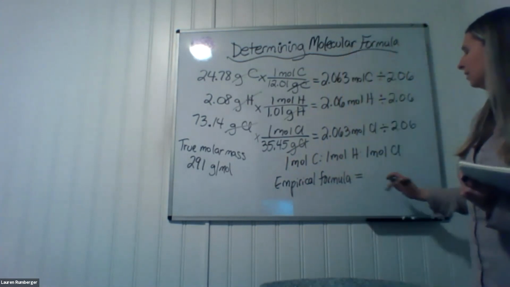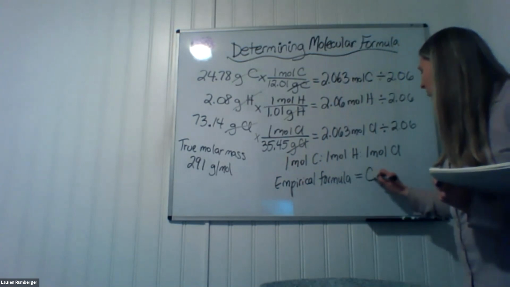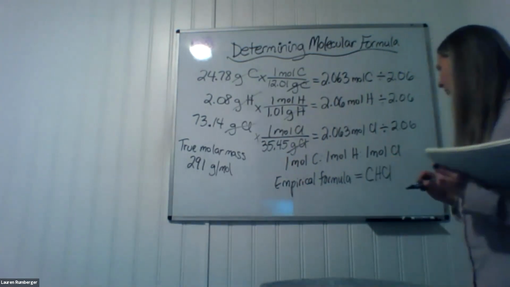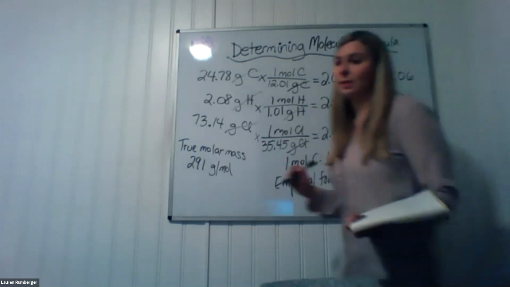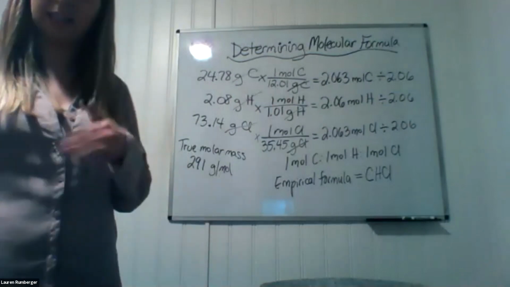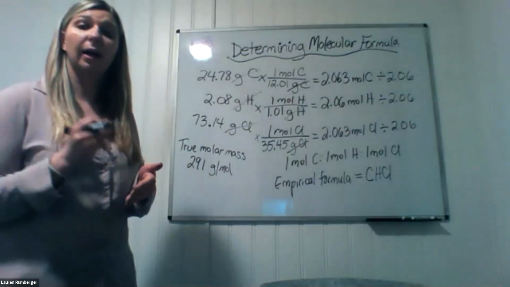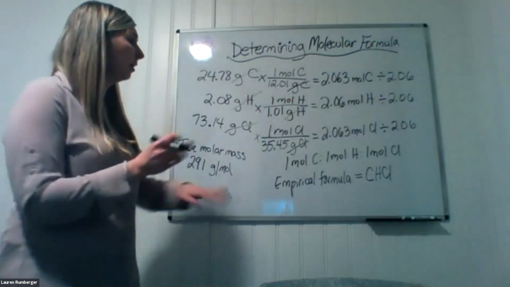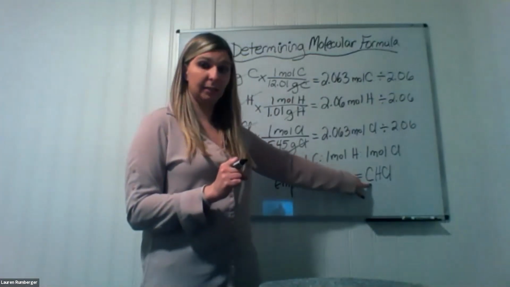The empirical formula is going to be equal to CHCl. Okay, so remember, this is the molecular formula reduced to the least whole number ratio. Okay, so that's what the empirical formula is.